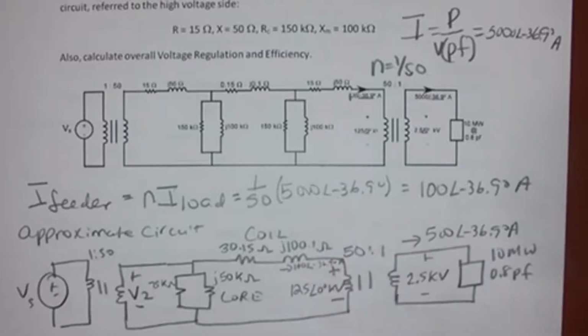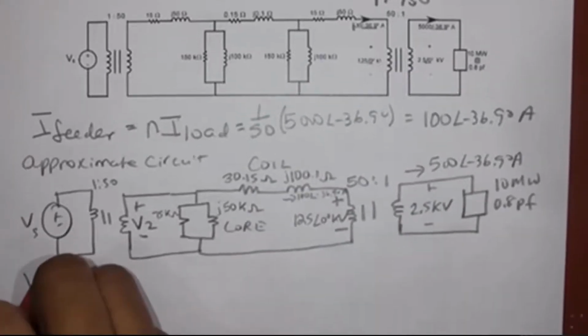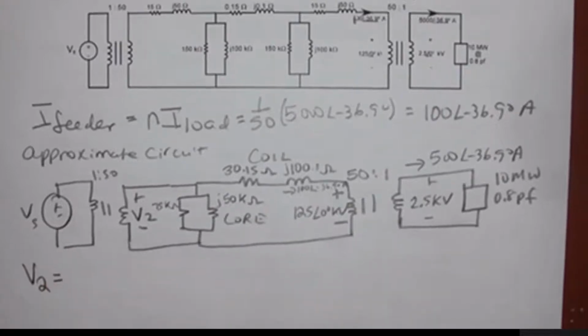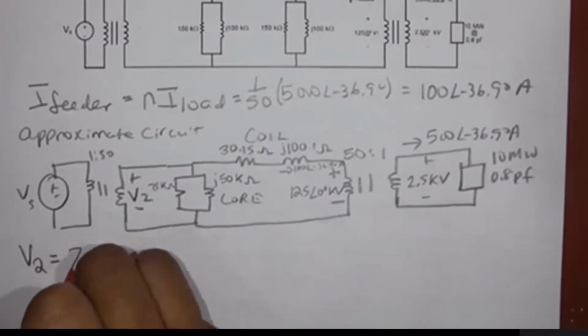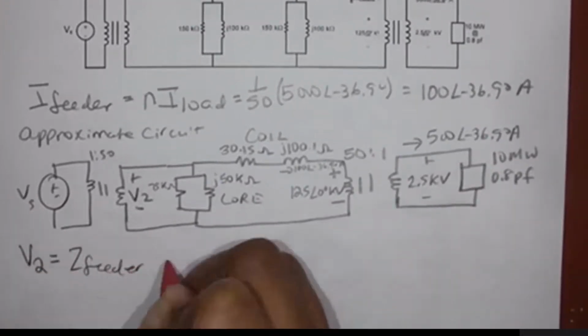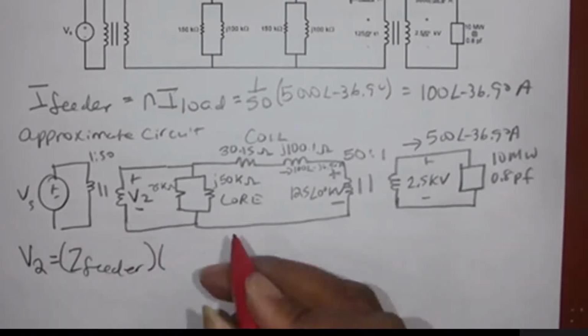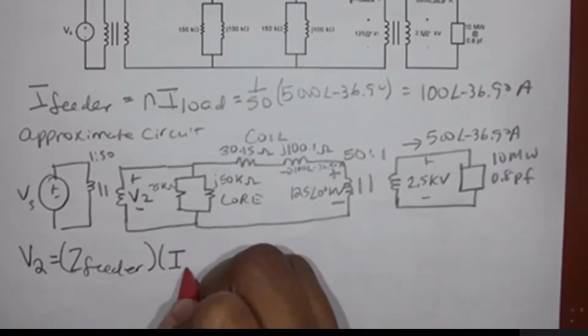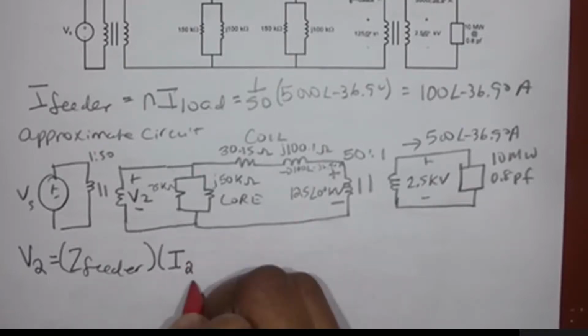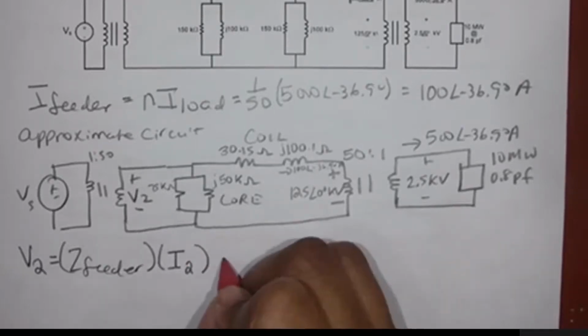All right, so what we need to find next is V2. How can I find V2? It's going to be that feeder impedance times what I'm going to call I2.